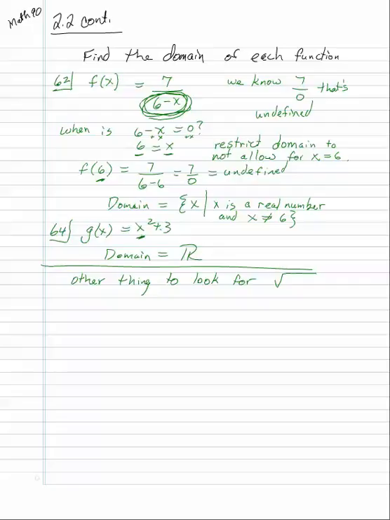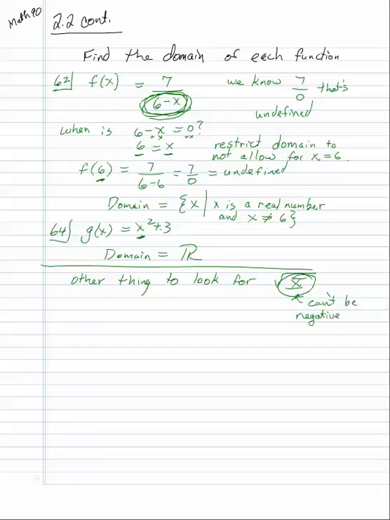The radicand, this number, has to be positive or 0, it can't be negative. So we'll talk about that later when we get some examples.